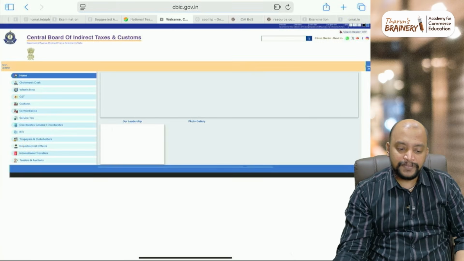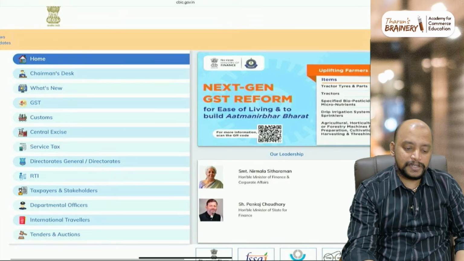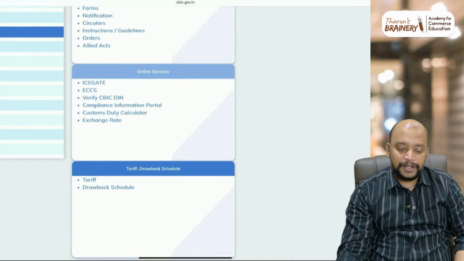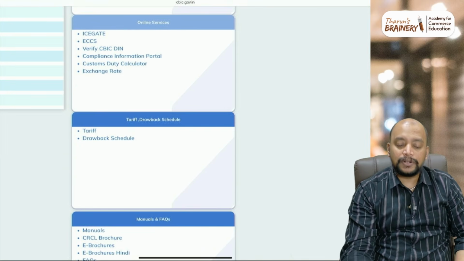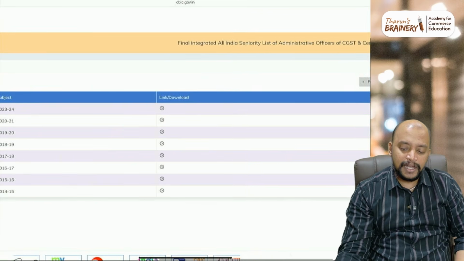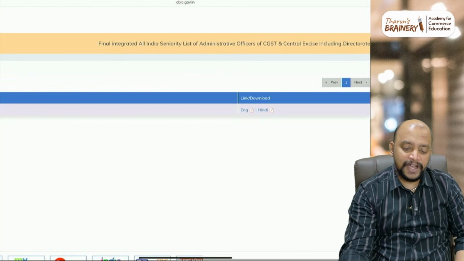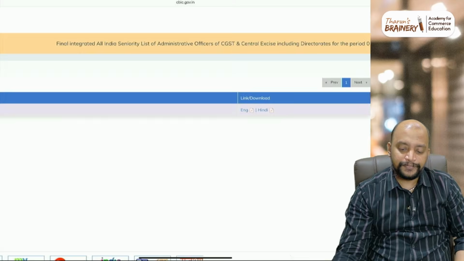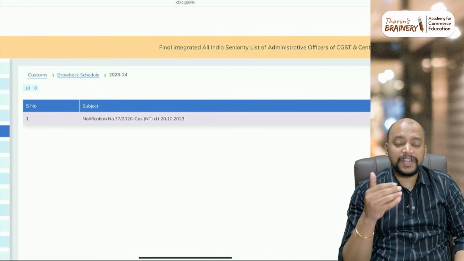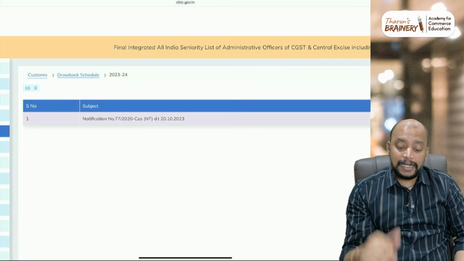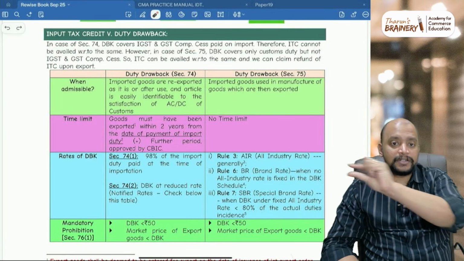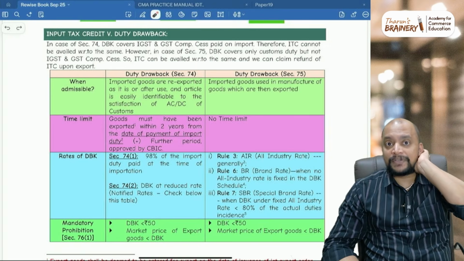When you visit, you just go to customs, and when you go to customs you can find the duty drawback schedule. When you see this schedule, you will be able to identify the notification, the latest notification, the list of goods, just like tariff, product, and what is the rate of duty drawback, like that it will be given.